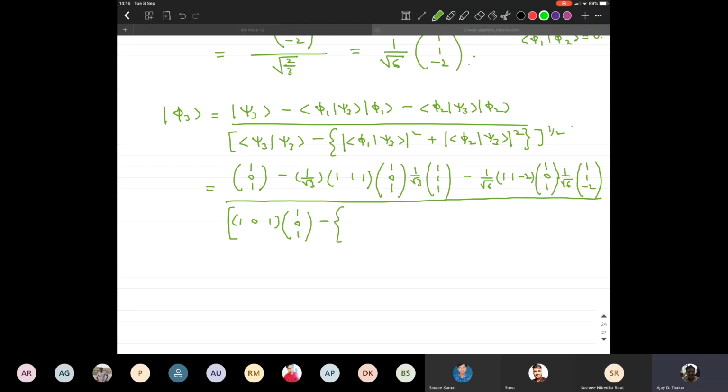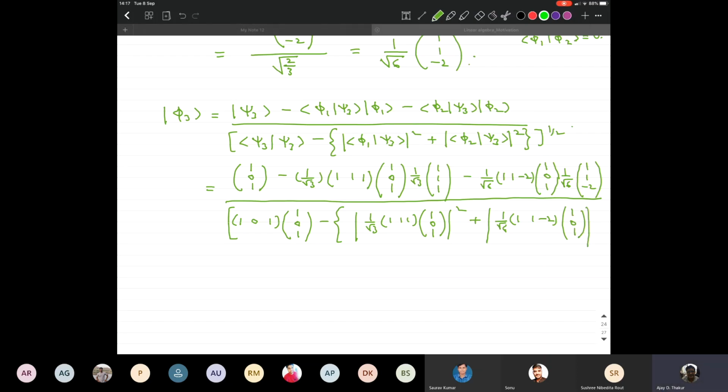psi 3, the dot product of that, and then the first term, which is 1 over root 3 of (1, 1, 1) with (1, 0, 1), this whole thing mod square, and then the second one is plus 1 over root 6 of (1, 1, minus 2) with (1, 0, 1).